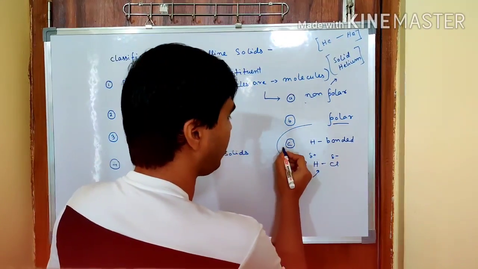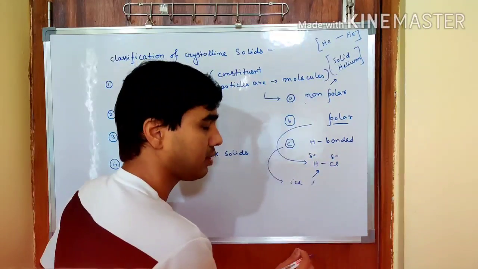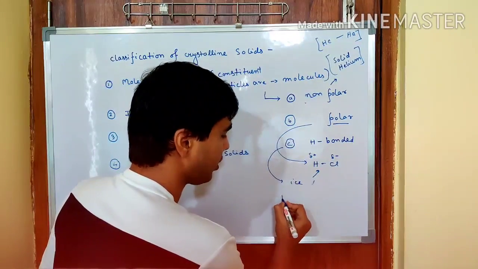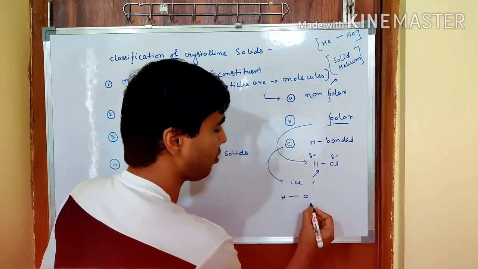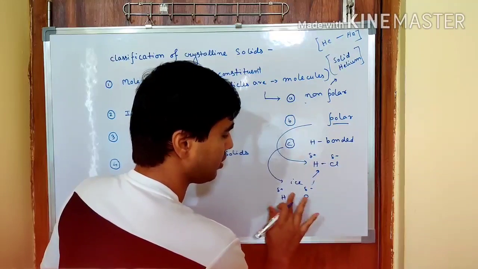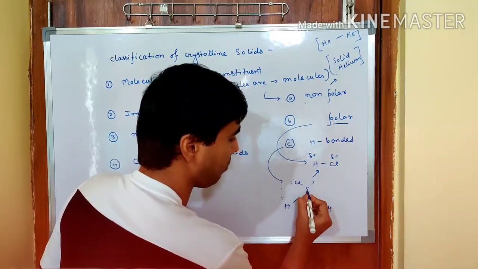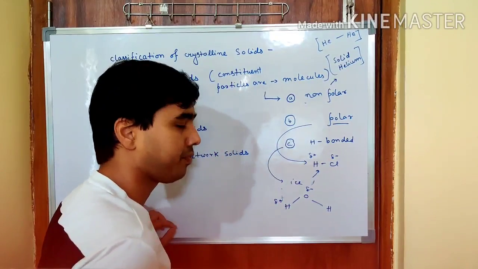Then there is hydrogen bonded. If I take ice, obviously it is solid. There, between hydrogen and oxygen, the polarity is already there.